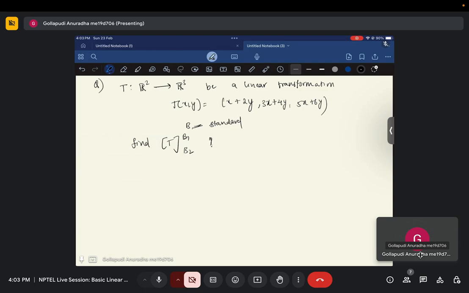Is it 1, 2, 3, 4, 5, 6? Yeah. So what we'll do is take the basis as the standard basis, as I said.